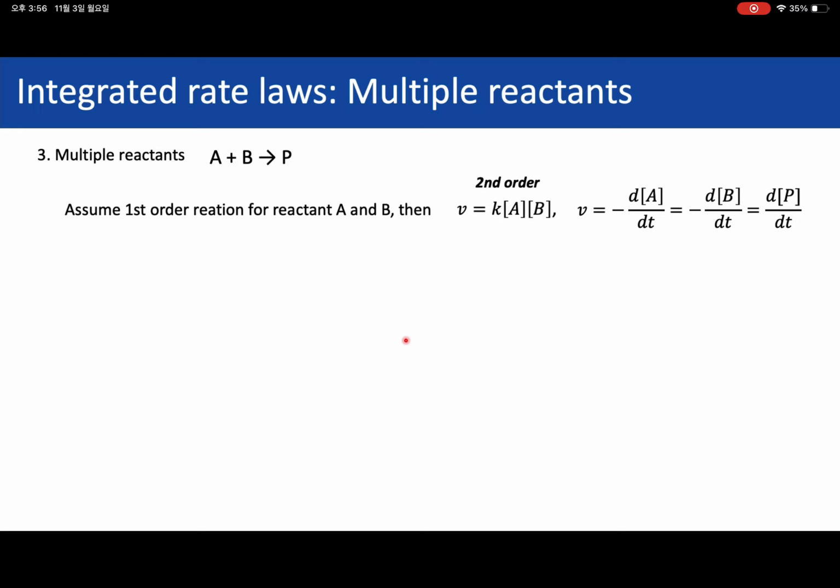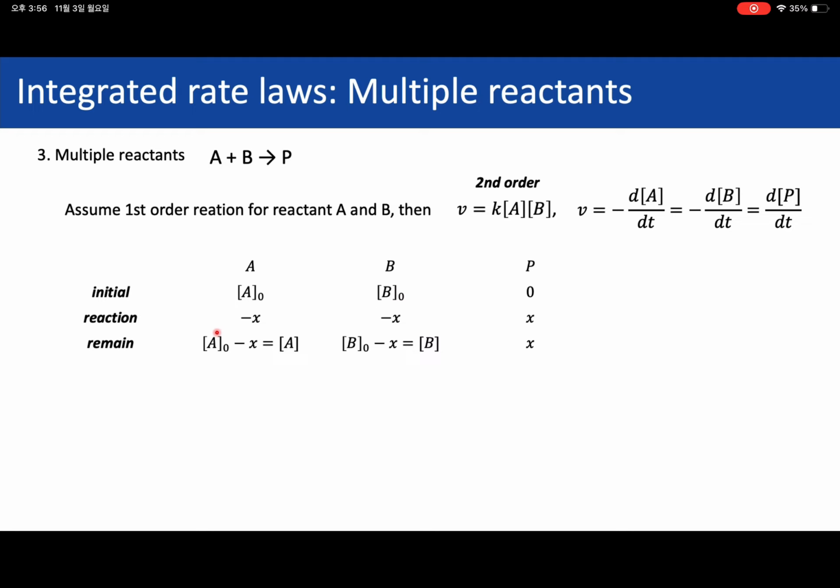One tricky thing in this expression is that now we have two variables, A and B. So how do we integrate with two variables? It is very difficult to do that. So one way is to relate those two variables to each other. It's similar to what we did for monitoring the pressure in the very first slide.